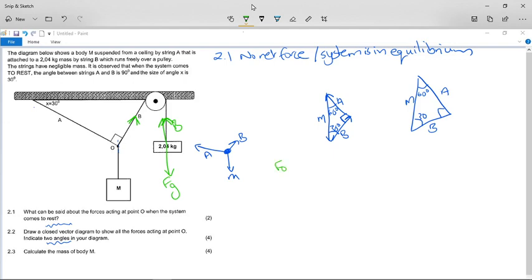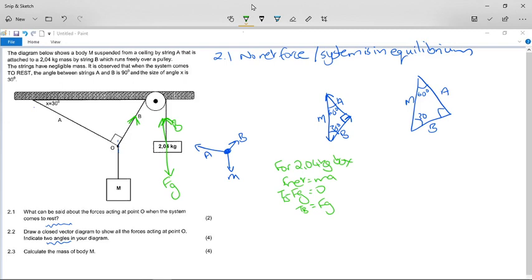So if we say here for the 2,04 kilo box, or whatever it is, mass, we can say F net equals MA. So T minus FG equals 0. T equals FG. Bearing in mind that this is TB.